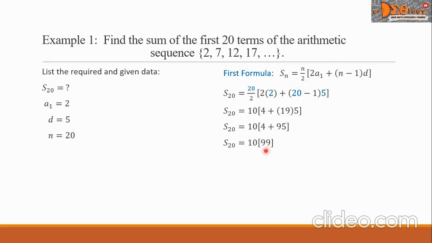We will get 99. Still, the number 10 is copied down here, and the S sub 20 is here. So 10 times 99 is 990. It means the sum of the first 20 terms of the given arithmetic sequence is 990. This is our final answer.